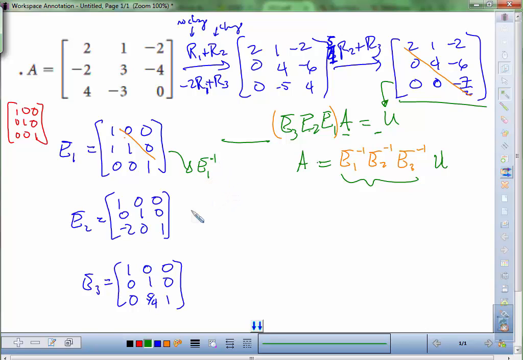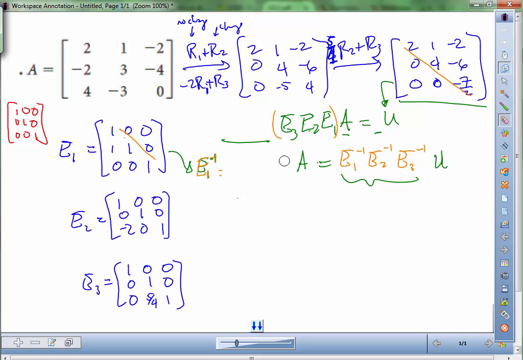How would we get E1 inverse? What is E1 inverse supposed to look like? Anybody?